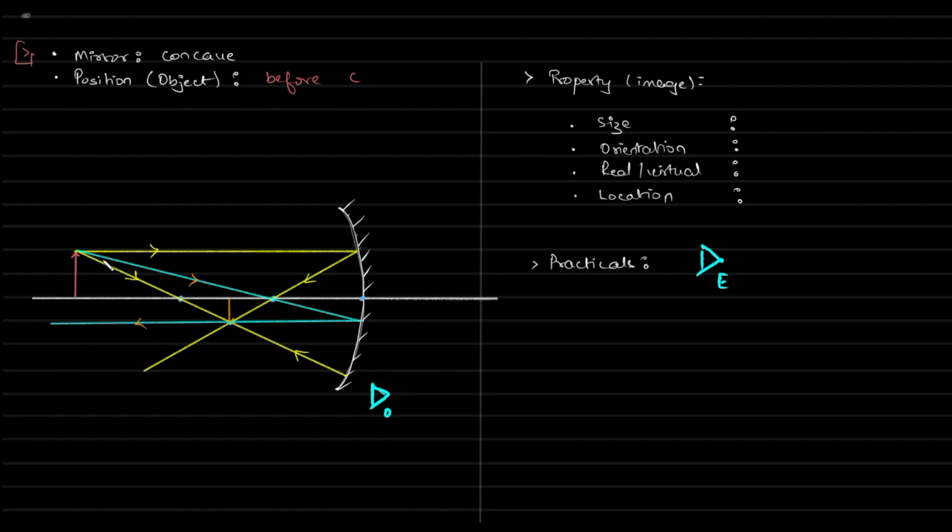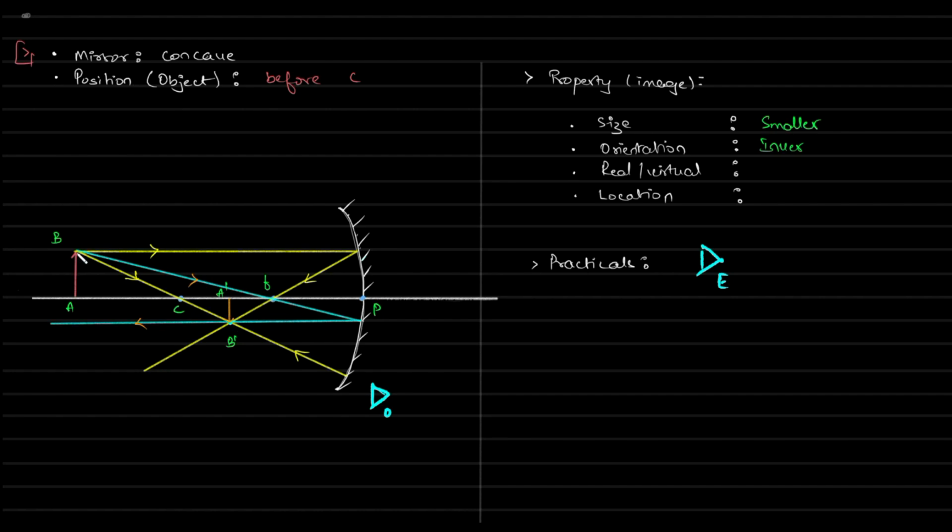Okay. So once you draw the diagram, then label it. See to it that you mark the mirror as mirror. Then this is your P, F, C, A, B, A dash, B dash. So this is of smaller size. Orientation is inverted, right? You can see the arrow is downward.